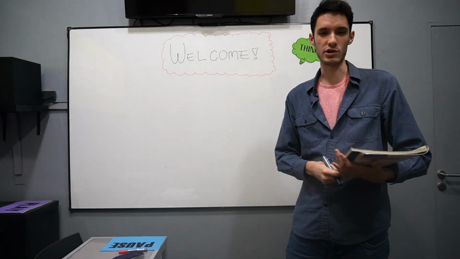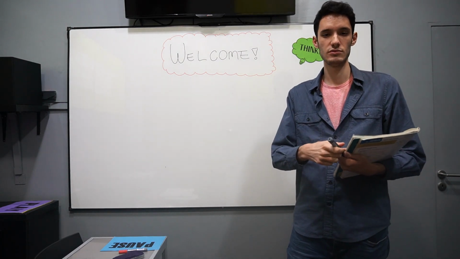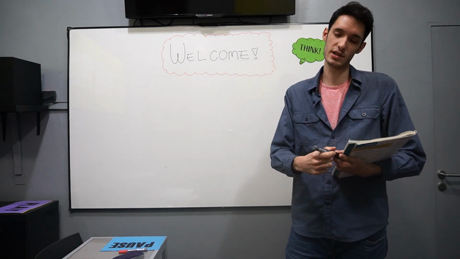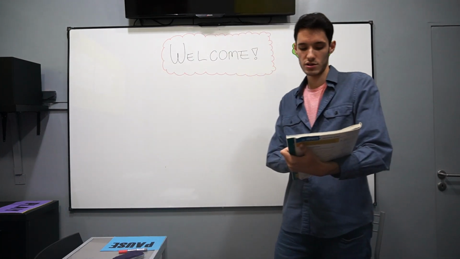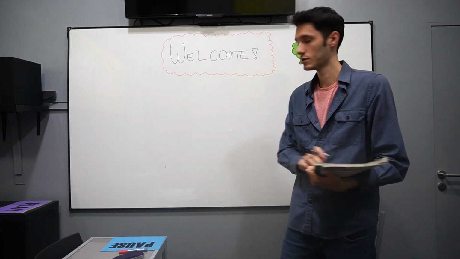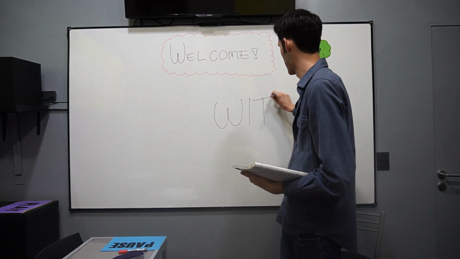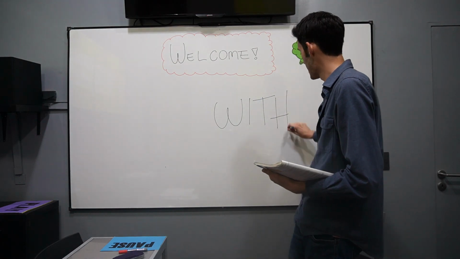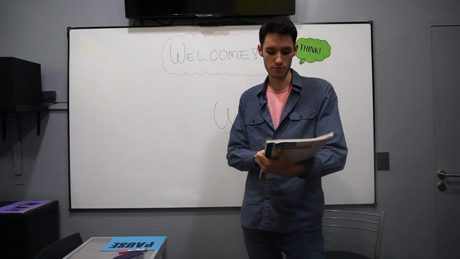I will give you a minute. If you want, you can pause the video and then we can check. The answer would be with. Happy with. Let's look at the next one.